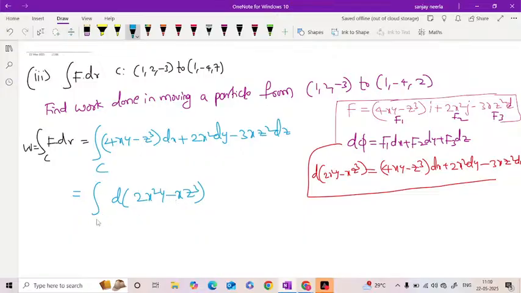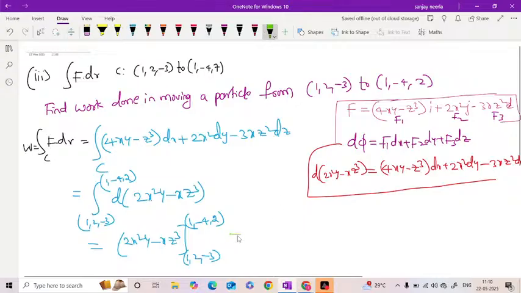Okay, and the points are from 1, 2, minus 3 to 1, minus 4, 2. So after integrating we get 2x square y minus xz cube with limits from 1, 2, minus 3 to 1, minus 4, 2. The upper limit is 1, minus 4, 2 and the lower limit is 1, 2, minus 3.